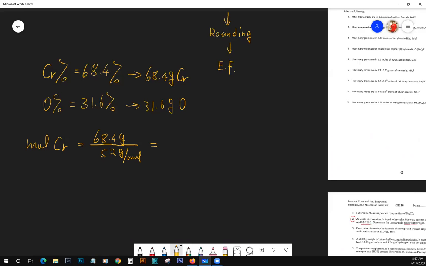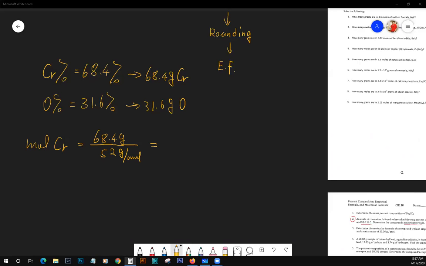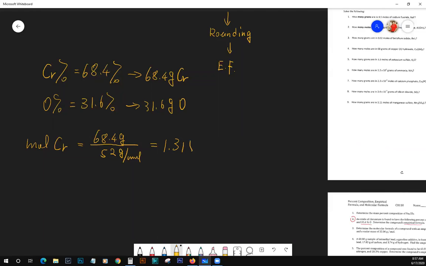Let's use the calculator: 68.4 divided by 52, and I got 1.3154 moles.